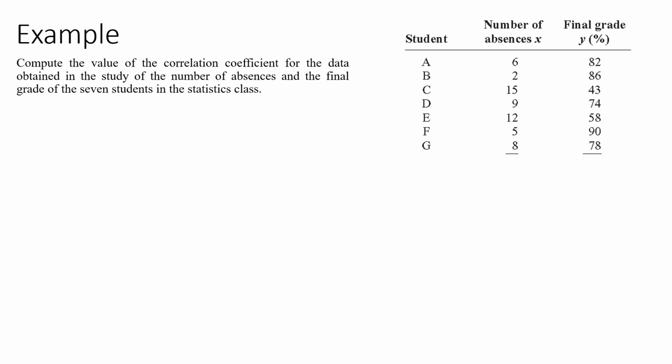A has 6 absences, student B has 2, C has 15, D has 9, E has 12, F has 5, and G has 8. And the final grades in statistics: student A has 82, B is 86, C is 43, D is 74, E is 58, F is 90, and G is 78.